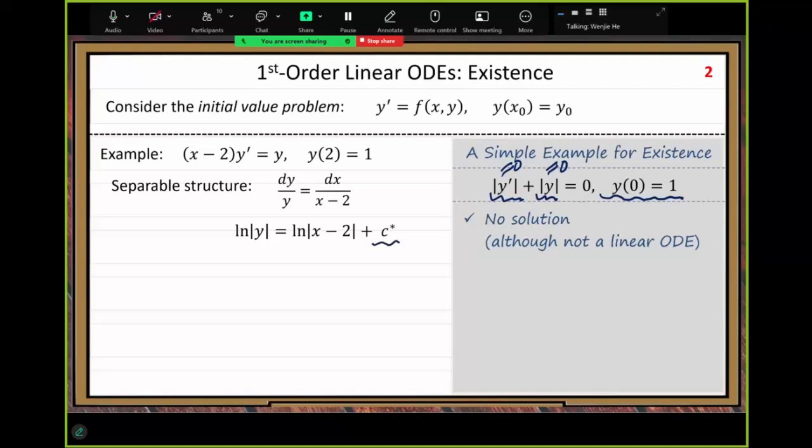Because this is an intermediate constant, we use that C star. Later we want to replace this constant by a different form, so we will use C later.